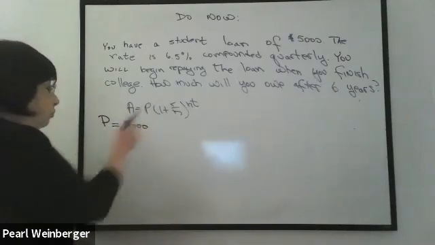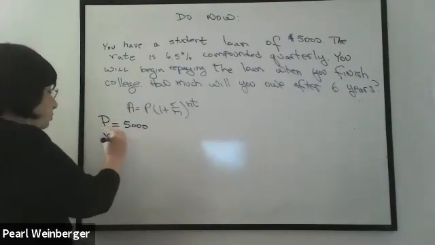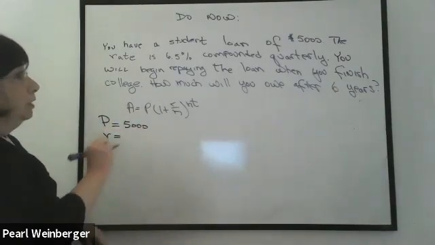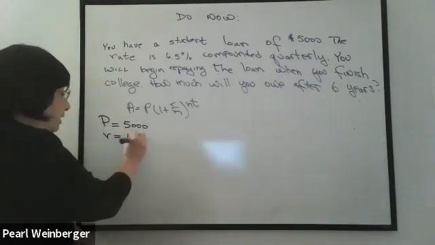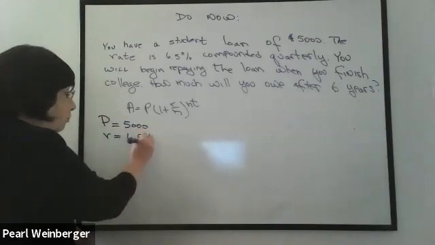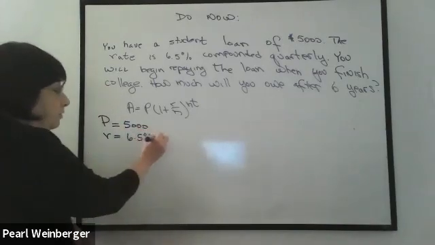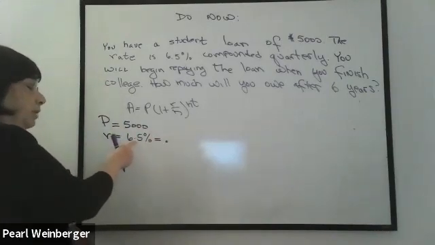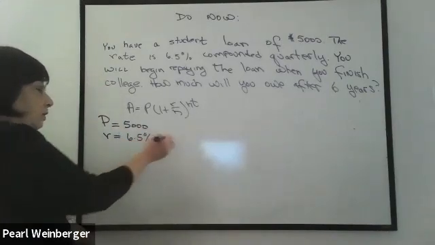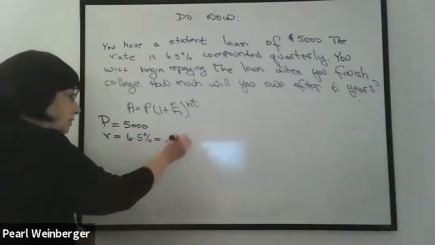The next letter we see is an R. That's the rate of interest. Now, the rate of interest is 6.5%, but we cannot write it as a percent. We have to change it to a decimal, which means move your decimal place 2 places to the left, so it becomes 0.065.